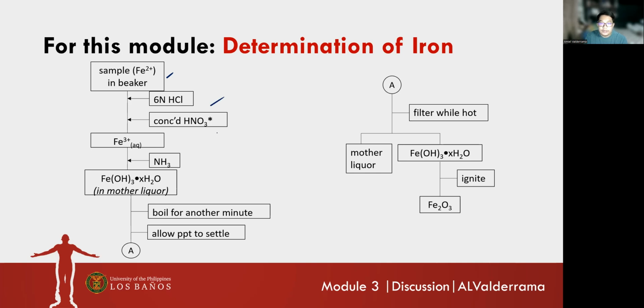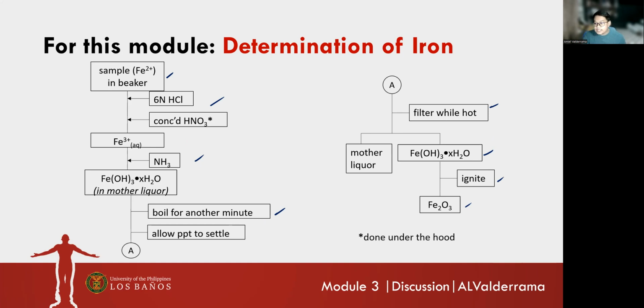Then we'll have the precipitation using your ammonia solution, followed by digestion. After digestion, we will filter it and wash it. Then we will ignite it and weigh the final product of your analyte or sample.